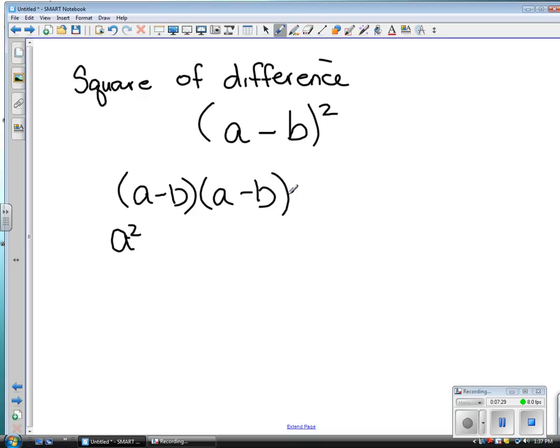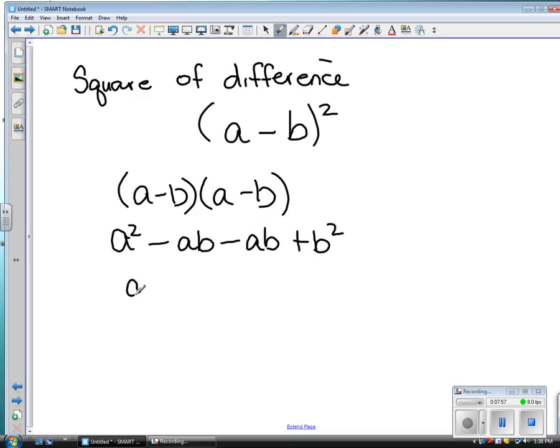Outside term, a times negative b, negative ab. Inside terms, negative b times a, negative ab, again, put it in order. And then your last terms, negative b times negative b, plus b squared.